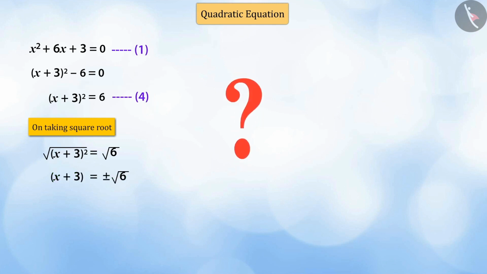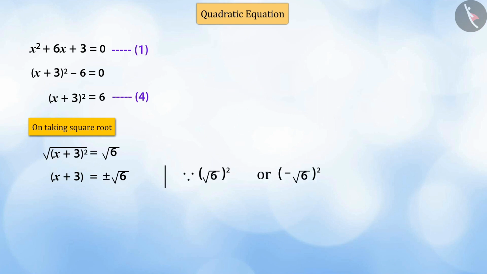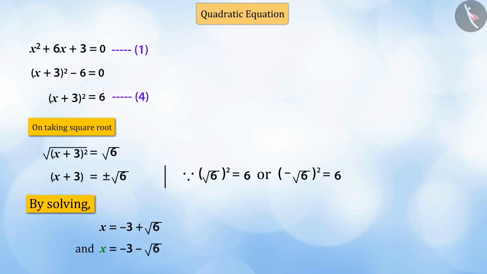Can you tell me why we didn't just consider positive root 6? That's because the square of both positive root 6 and negative root 6 is 6. Therefore, on solving, x is equal to minus 3 plus square root of 6, and x is also equal to minus 3 minus square root of 6.